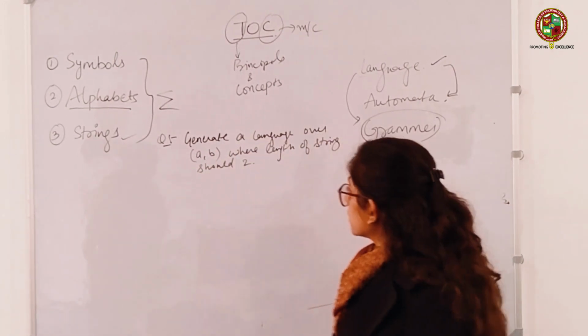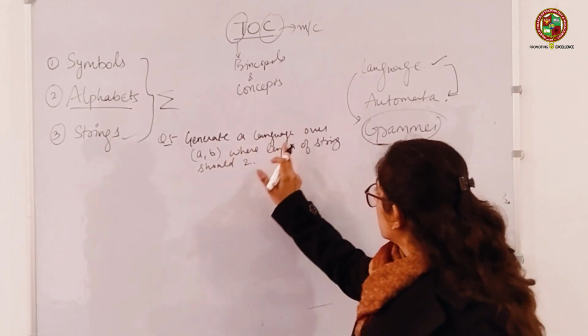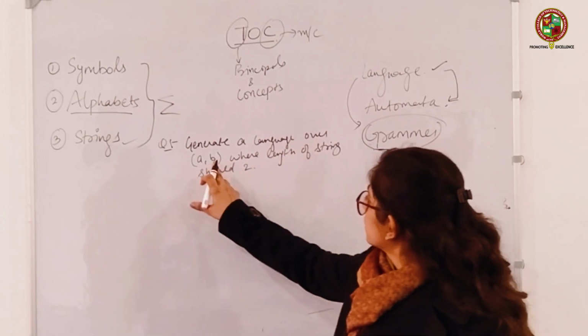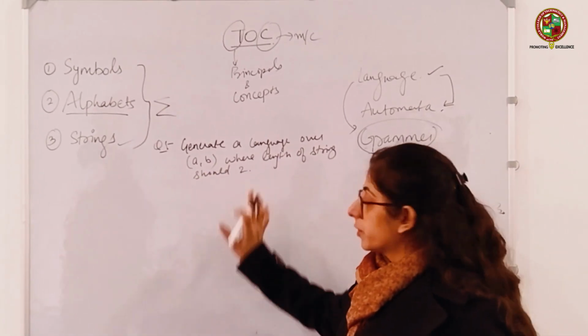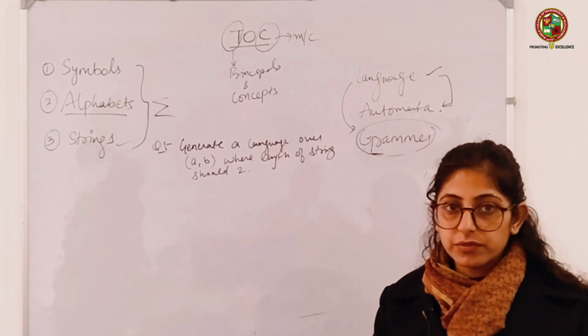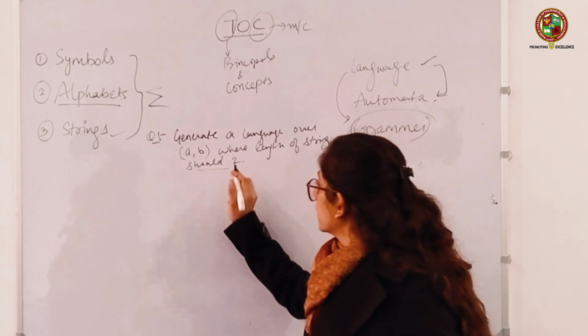We want to make a language over A, B, and the length should be 2. That means it's finite, not infinite, because the limit is there.